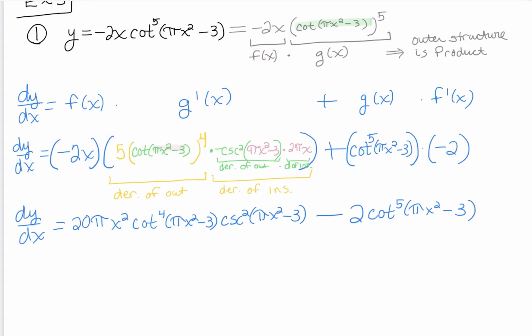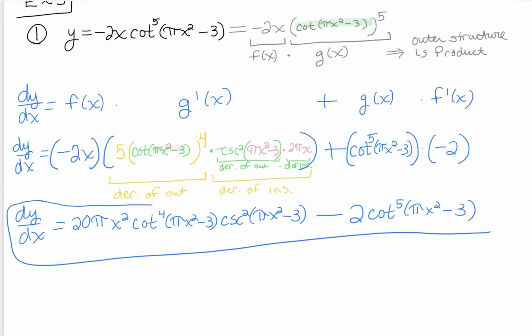And yes, you could certainly factor out a 2. You could factor out a cotangent to the fourth of pi x squared minus 3, but we're just going to leave that doozy like that. This would probably not be one that I would give you in the future that you had to actually work with. All right, let's take a look at one more here.